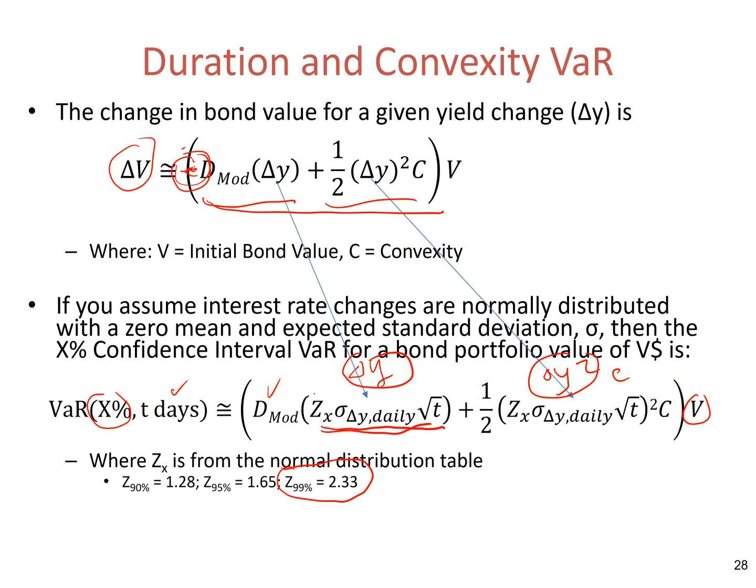So I'm going to take the Z of X, that's the 2.33, or 1.65 for the 95% confidence interval, multiply it times the daily standard deviation, and multiply that times the square root of t to ensure that it has the proper time interval.